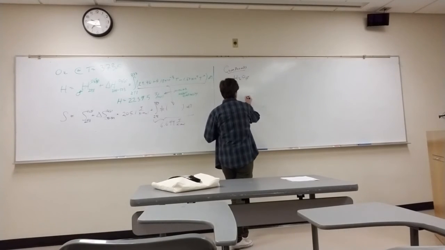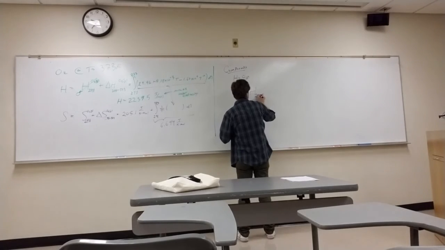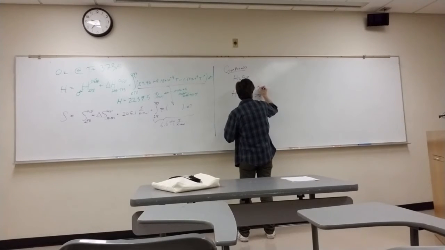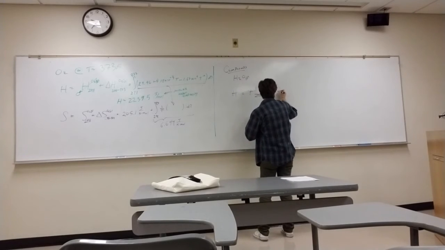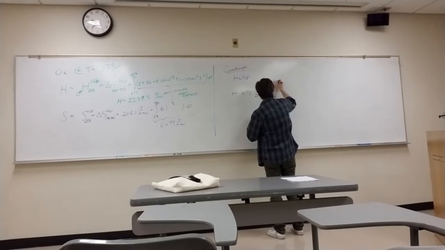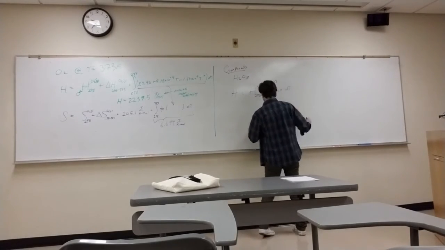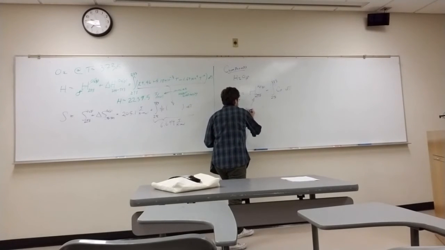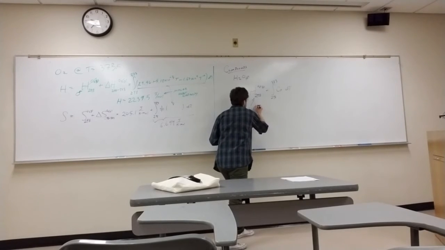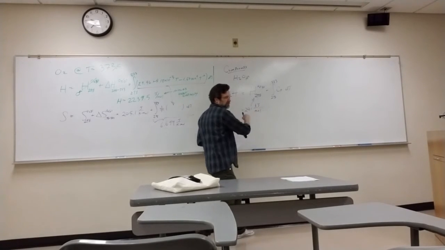And the enthalpy is H at 298 of H2O gas plus the integral of Cp from 298 to 373 dT. And this now is negative 241 kilojoule per mole. That's a fairly big number.